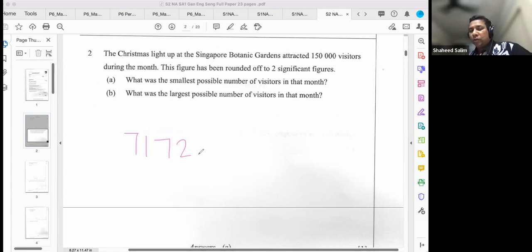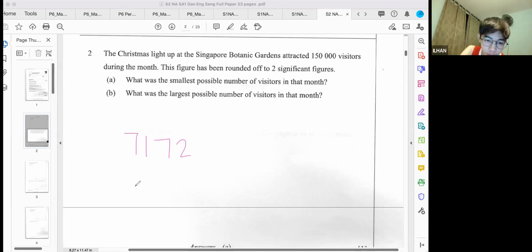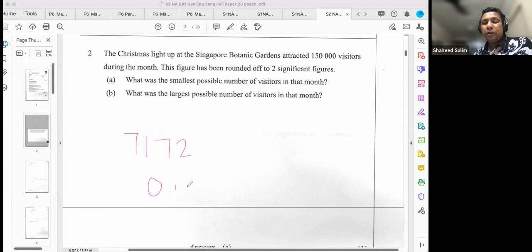Two significant figures, please. 7,100. 7,200. Good. Okay, now down here, be careful. This one is not a decimal. Two significant figures for decimal down here. 0.0001345.